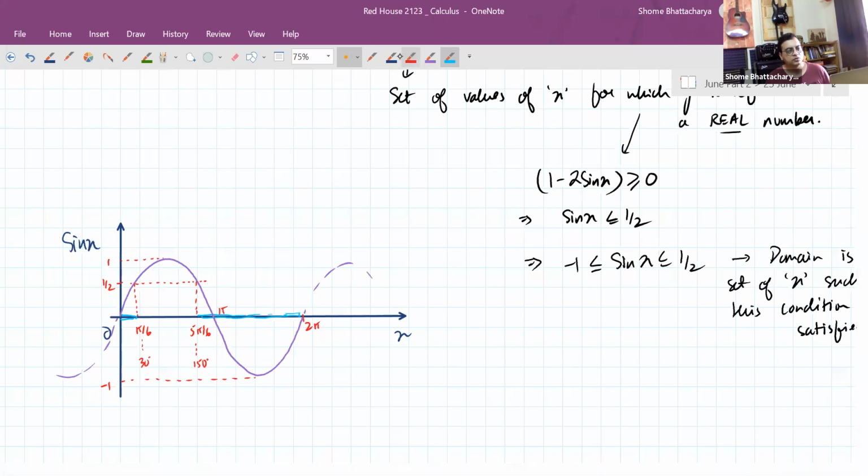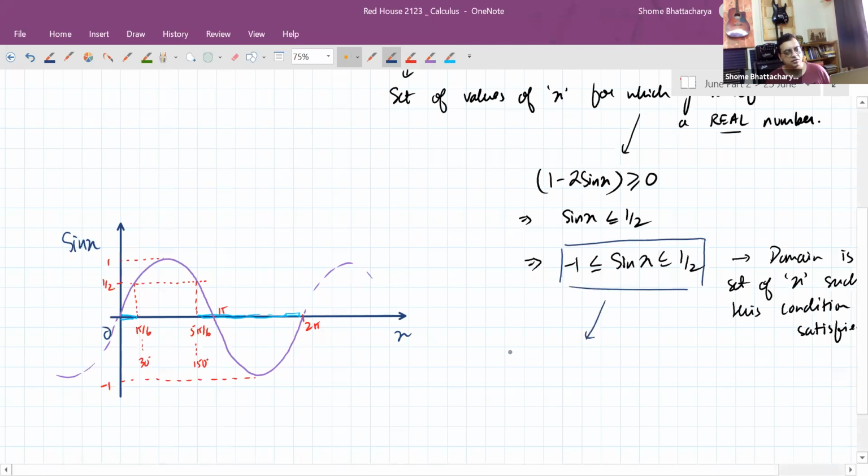Okay. So for this condition to be satisfied, we can see that in the fundamental cycle, x should belong to the interval 0 to pi by 6, union with 5 pi by 6 to 2 pi, for x belonging to 0 to 2 pi.